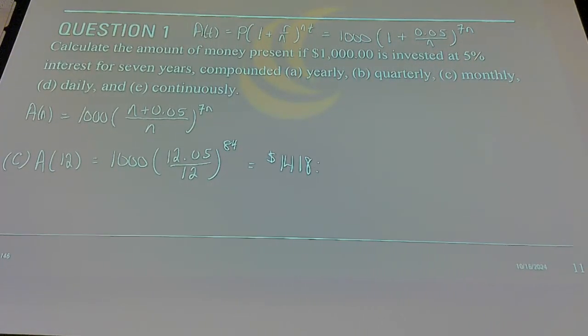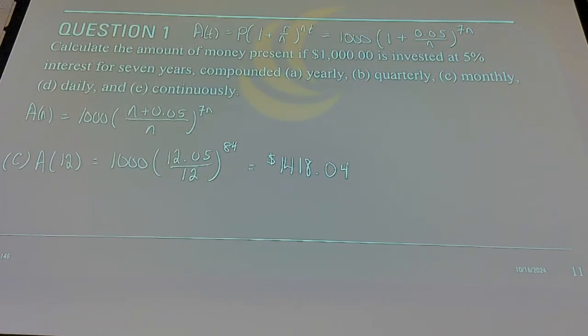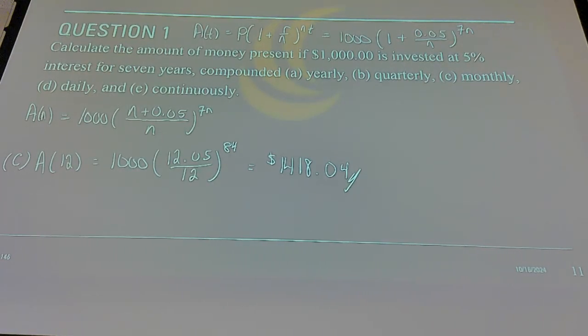Kind of makes sense? How much more interest was that than compounding quarterly? Like what, an extra $2? It's like $2.05, something like that. It's like $2.